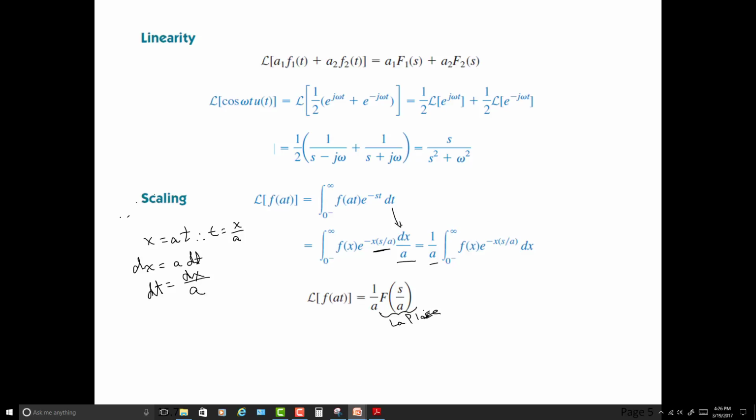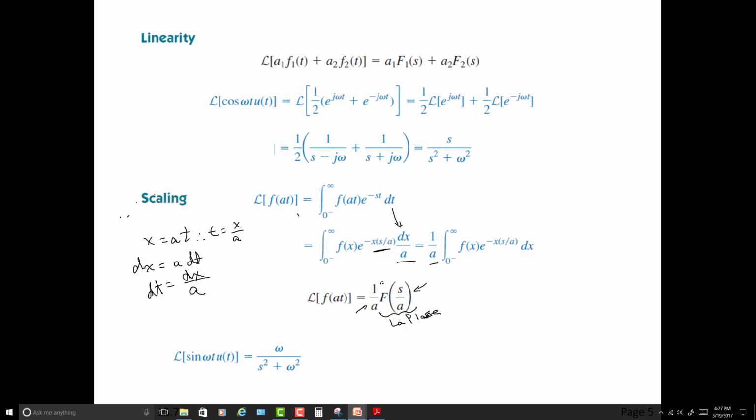Laplace, not F. So the time-scaled Laplace transform also scales s by dividing it down, and the magnitude by dividing it down.